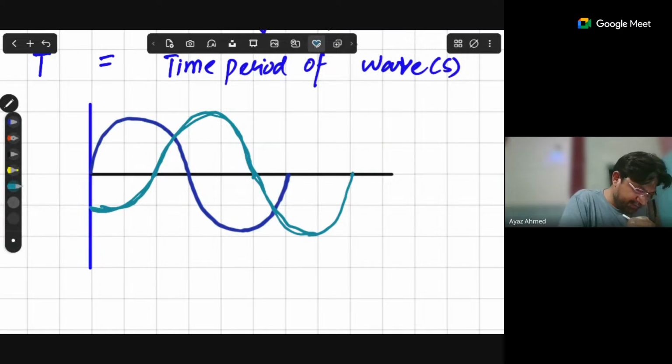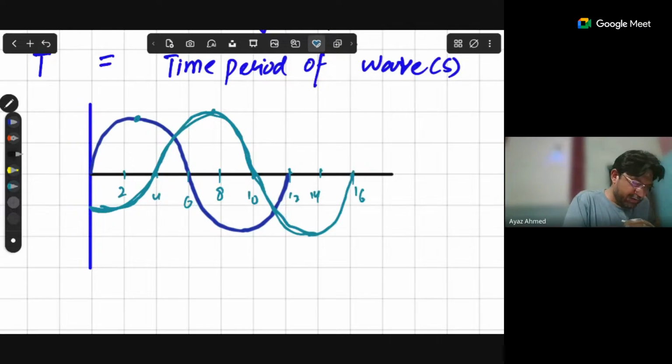For example, this is one point and this is another point. Suppose it is 2, 4, 6, 8, 10, 12, 14, and then 16.